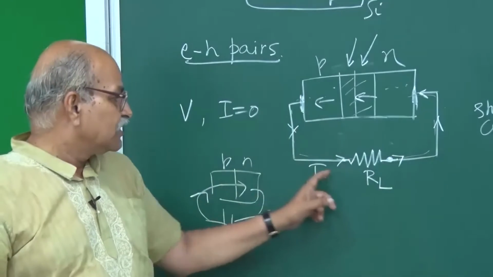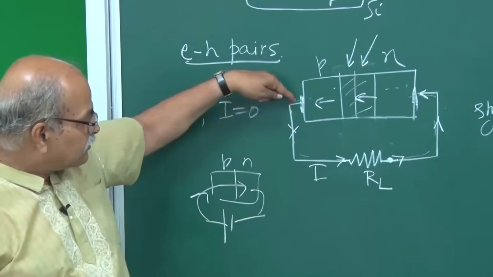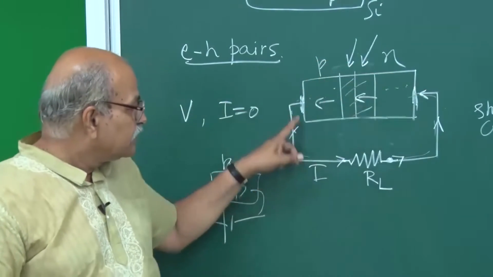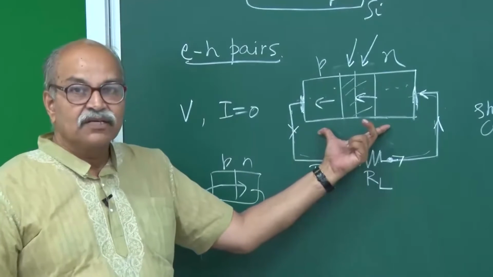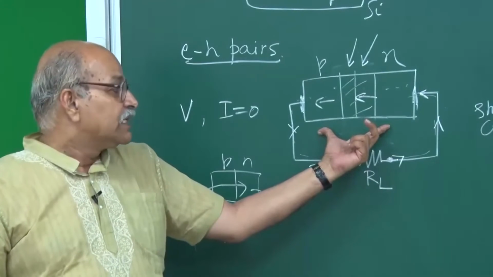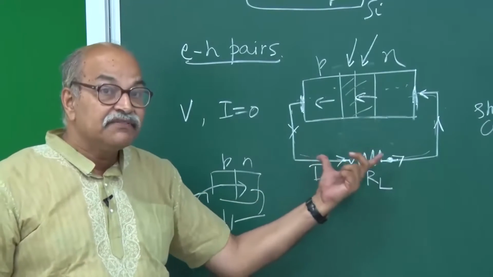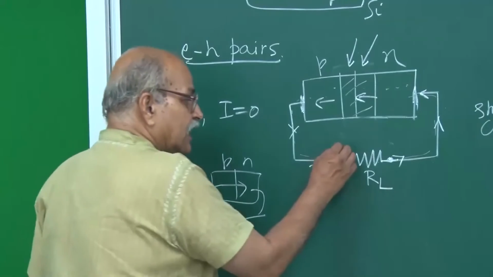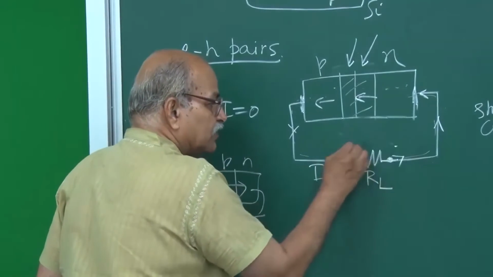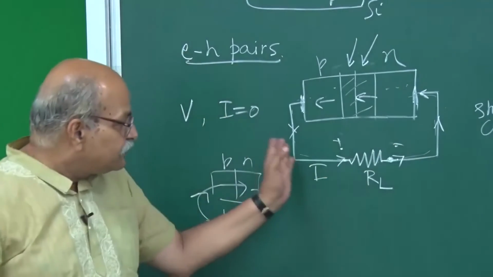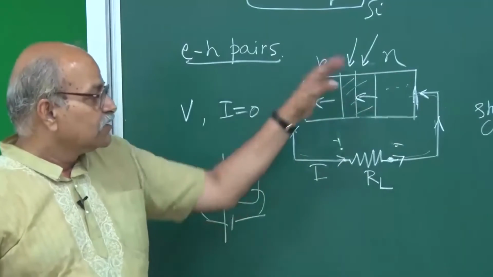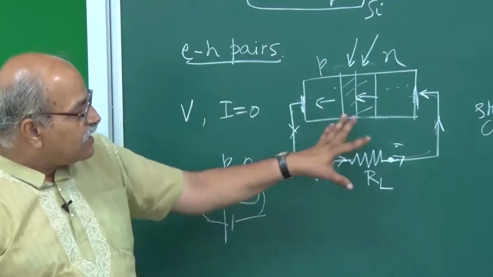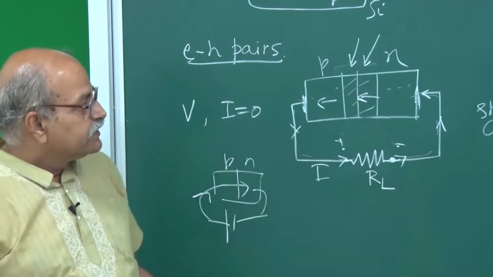And since the current is going this way, you will have a larger potential here, a smaller potential here. So you have a potential difference on this p-n junction, as if you have given a forward biasing. This is the higher potential side and this is the lower potential side. So as if you are giving some kind of forward potential. Because of that the current will be changed.